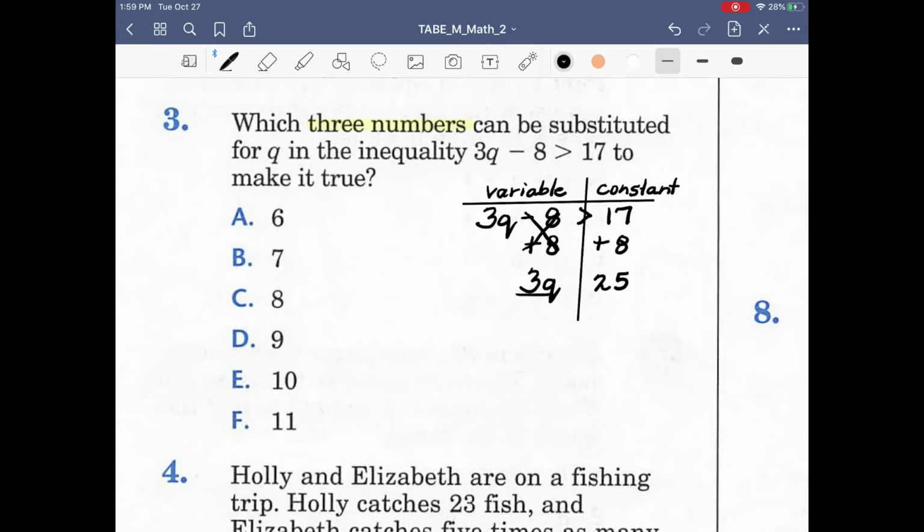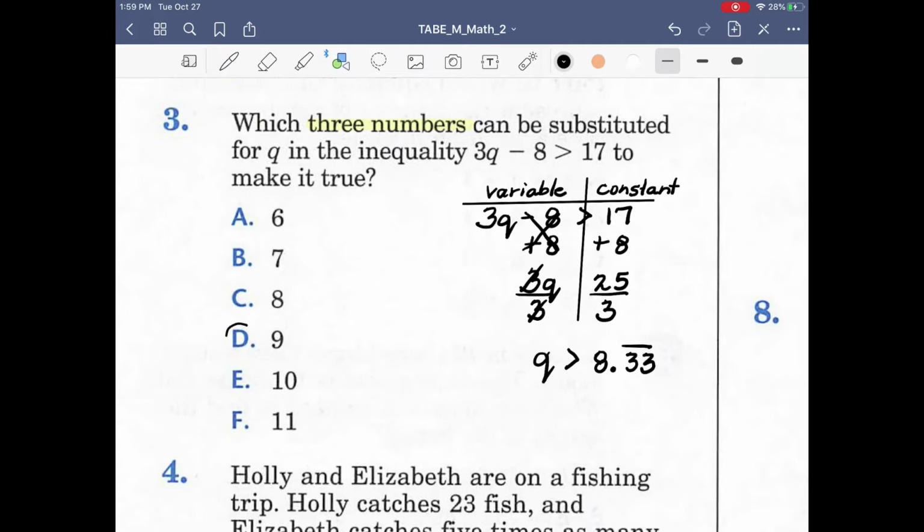Then divide by 3. And remember, we can use the calculator. So Q is greater than 25 thirds. And 25 divided by 3 is 8.33 repeating. So whatever I substitute for Q, it has to be bigger than 8.3.